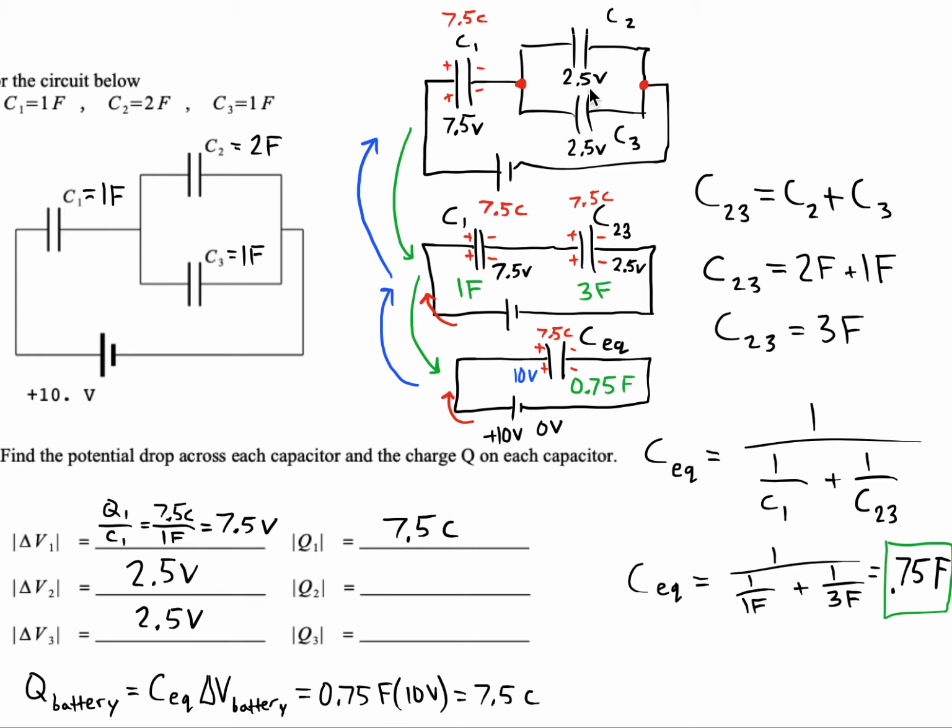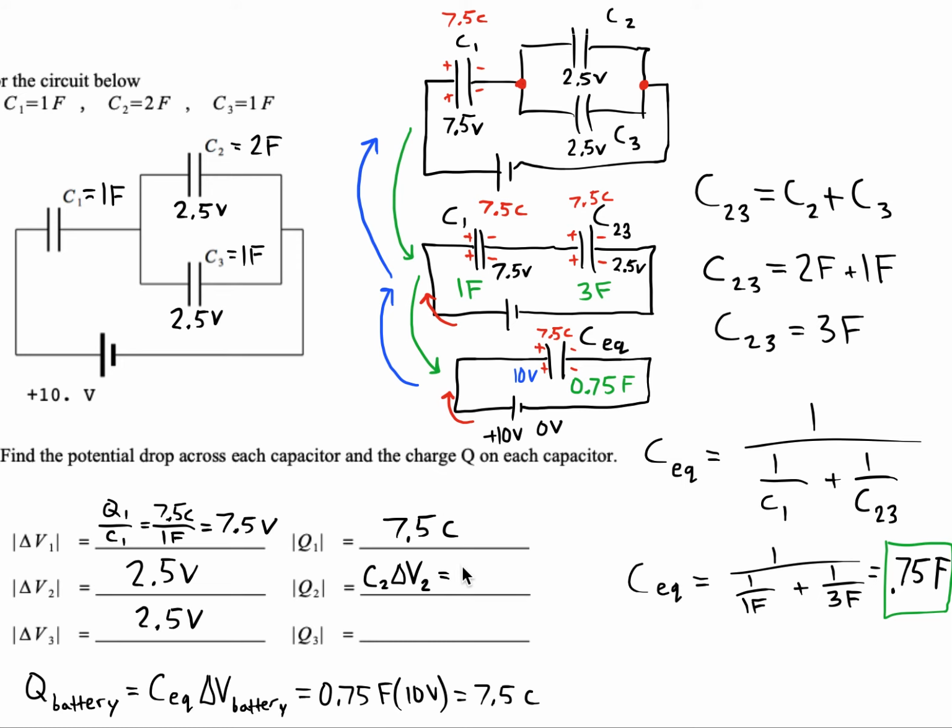Okay, finally we'll use the capacitance as well as the potential drop to find the charge on those individual capacitors. All right, so our Q is going to be C2 times delta V2 here.